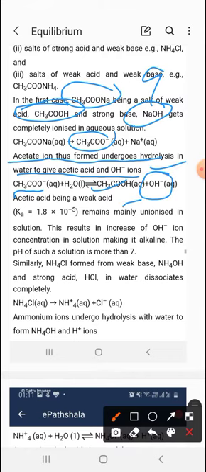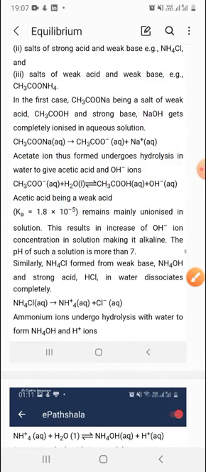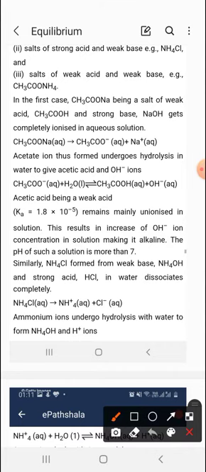So you can see there are more OH negative ions in this solution now, because the strong base is already there, which is completely dissociated, and the extra OH negative ions are also there, which come from the water. So there is an excess of OH negative ions. That is why this salt is a basic salt. The salt made up from a strong base and a weak acid is a basic salt.